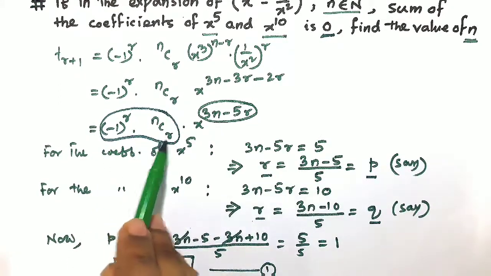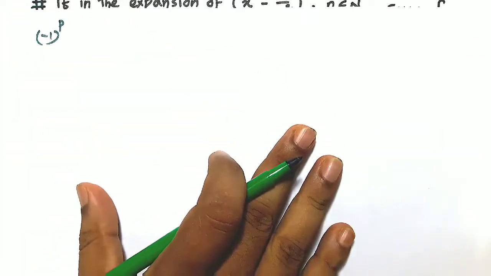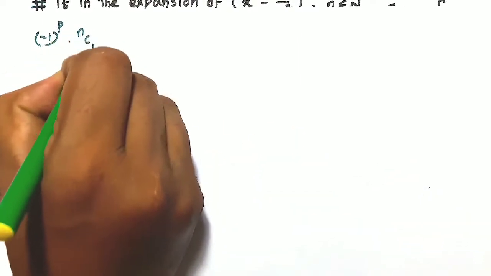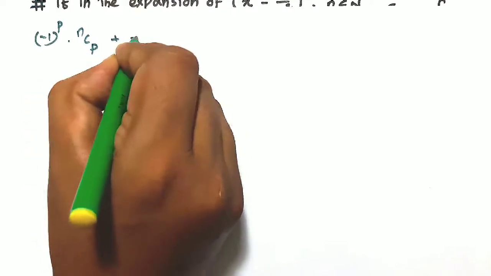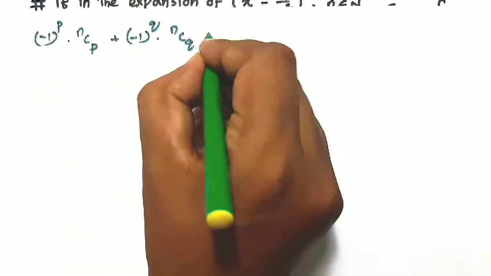We shall now replace this r by p and q respectively. So we write (minus 1) to the power p into nCp plus (minus 1) to the power q into nCq. This is equal to 0. It is given in your question.